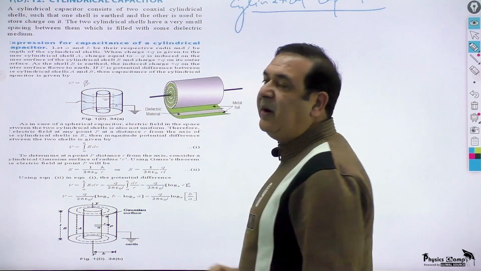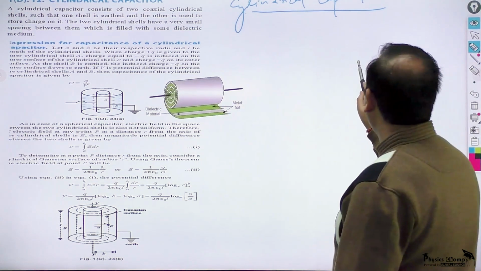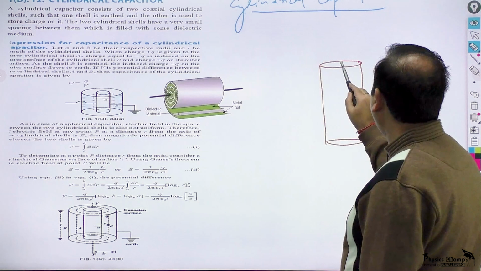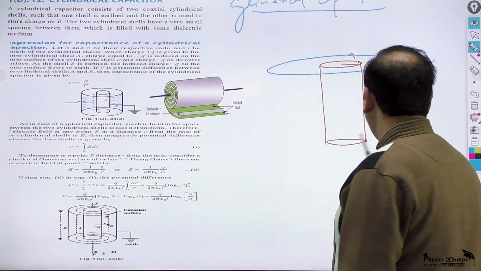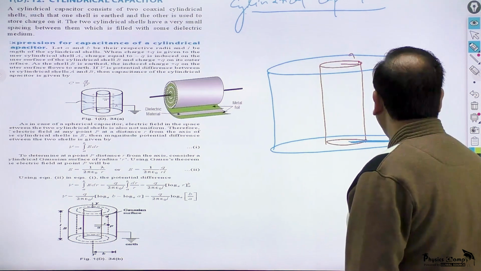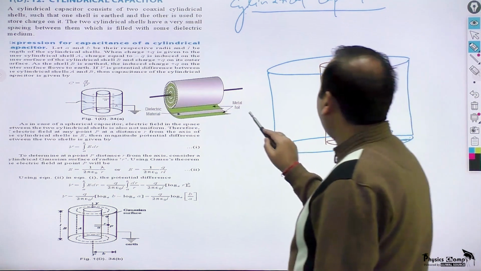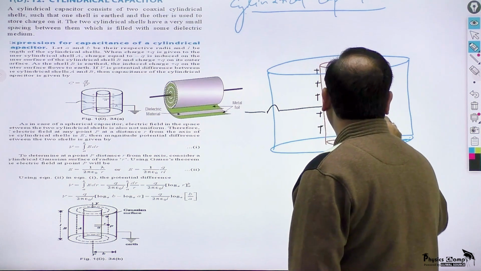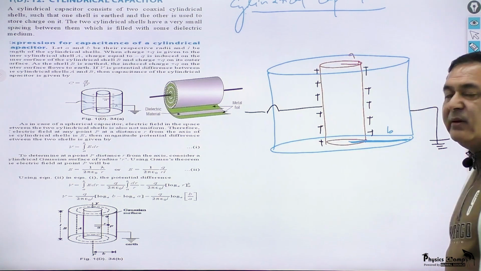Capacitance of a cylindrical capacitor. Now as you can see, a cylindrical capacitor would consist of inner cylinder, maybe of radius A, and outer cylinder of radius B. So maybe you have outer cylinder of radius B, you have inner cylinder of radius A. The charge is supplied to this inner cylinder and outer of this cylinder is earthened.